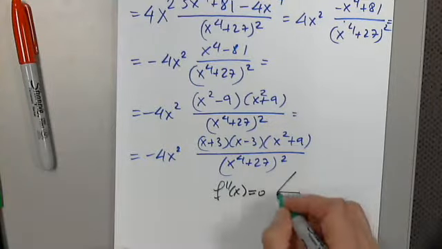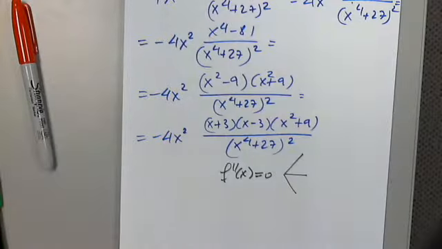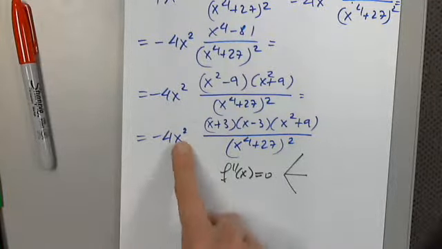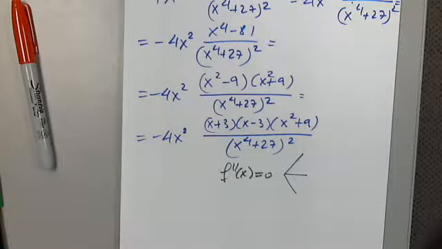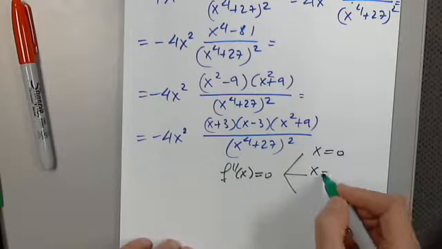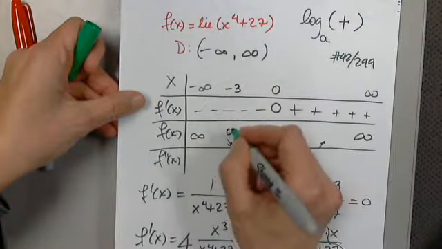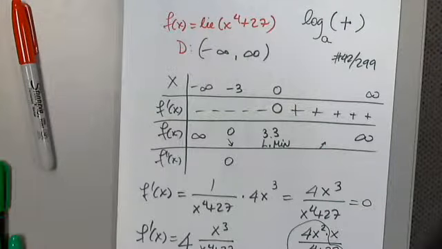There are 3 possible solutions: negative 3, 0, and 3.